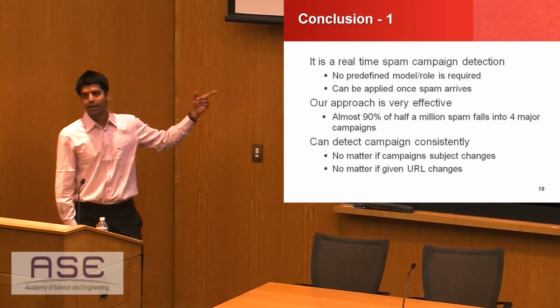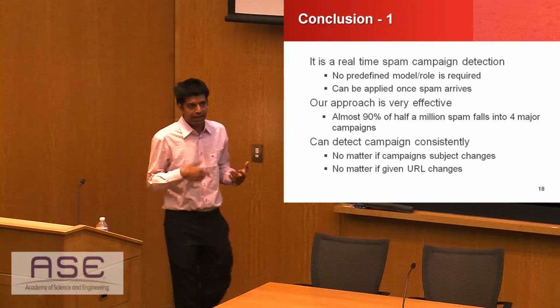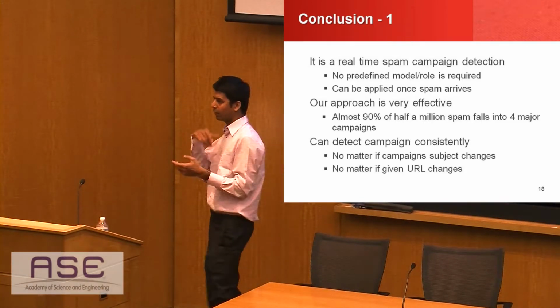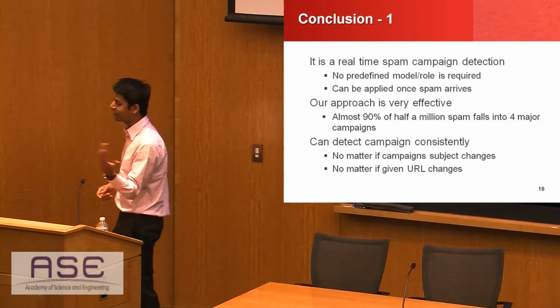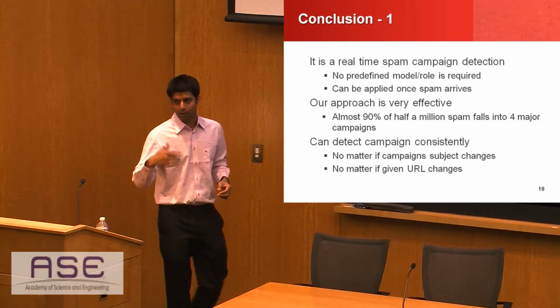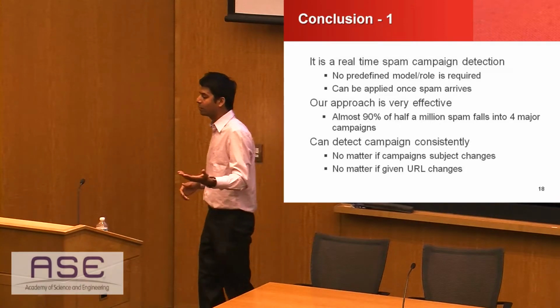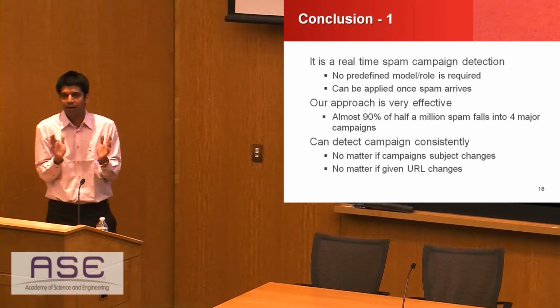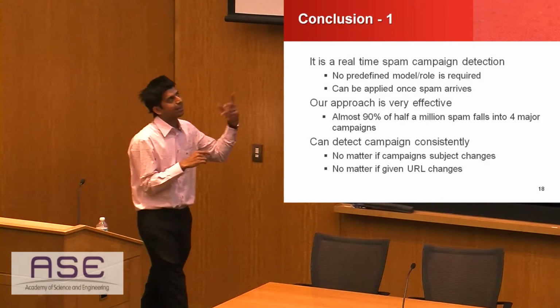Now, in our case, as we don't have access to real-time spam email, we are given the data set, and we apply our algorithm to that. But now our center is interested in applying this when the spam email arrives at the server. So it can be applied directly, as we don't have any predefined list or algorithm.